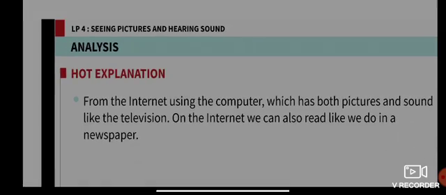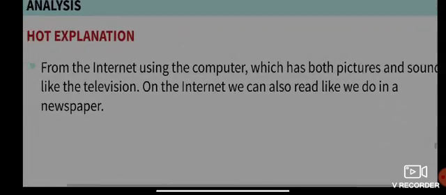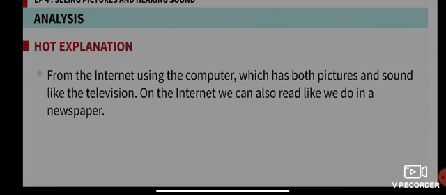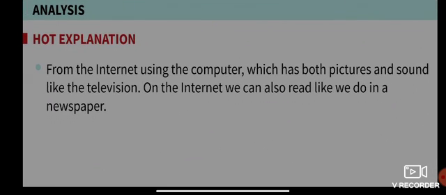Alright, so it is from the internet, that is using the computer. And I'm sure some of you might have internet and a computer at home. So from the internet, using the computer, we get both picture and sound like the television. A computer is very similar to a television, where you can browse and see the picture and sound.